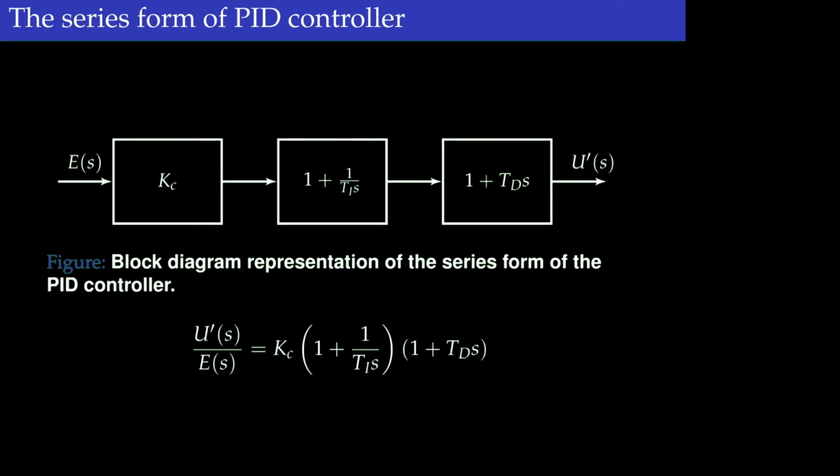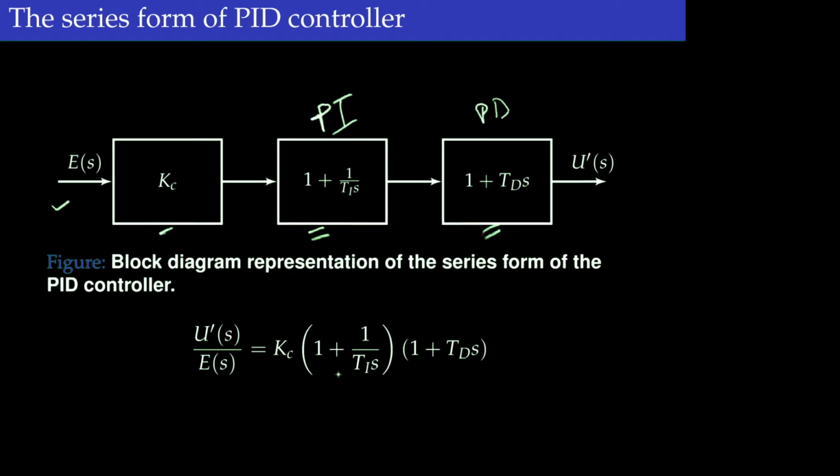Now in industries, typically the parallel controller is not applied, rather a series form of the PID controller is applied. Now you see here the error signal goes through this Kc and then the integral term and then a derivative term. So this really represents a PI component and this represents a PD component.